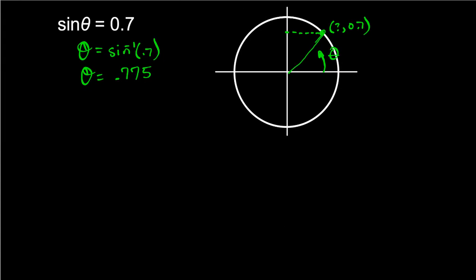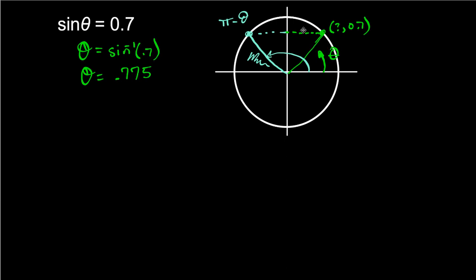And so I'll switch colors here. Another angle with that same sine is over here. And if you remember from the last section, this rotation is pi minus that first angle. Really easy to see here. We just reflect it across the y-axis. So this down here is also whatever theta is, 0.775.